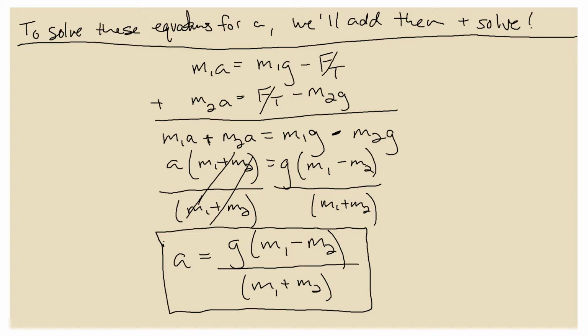Bigger difference in the weights, because it's in the numerator, means bigger acceleration. We already said that. And notice in the denominator, we have the total mass. They move as a system, as one, with the total mass of M1 plus M2. All that stuff bears itself out in this equation, and that makes this pretty cool. Let's go ahead and finish up the math here. I'll do that on the next slide.